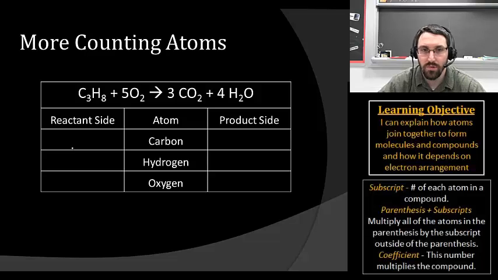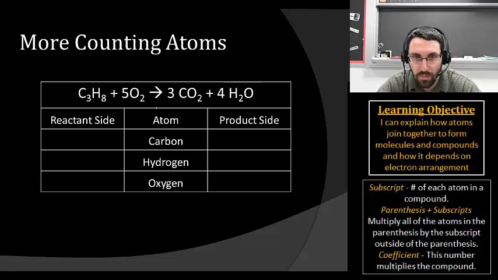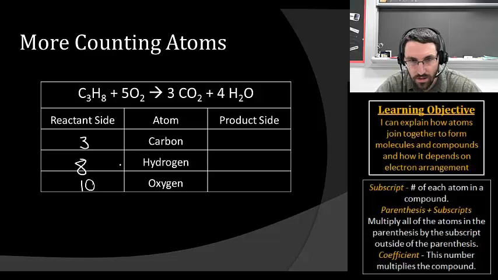A couple more examples. This one is a different reaction. It's another combustion reaction because we start off with C's and H combining with oxygen, producing CO2 and water. On the left-hand side, we have 3 carbons, we have 8 hydrogens, and we have 10 oxygens. On the product side, we have 3 times 1 is 3 carbons.